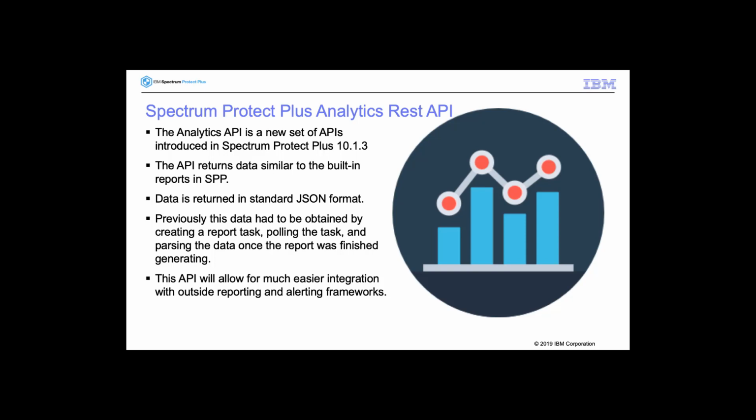Beginning in 10.1.3, we've also added a new analytics API to Spectrum Protect Plus. We always could return reporting data from Spectrum Protect Plus, but it was kind of cumbersome in the REST API in that you had to create a report task, poll the task, and then parse the data once the report was finished.